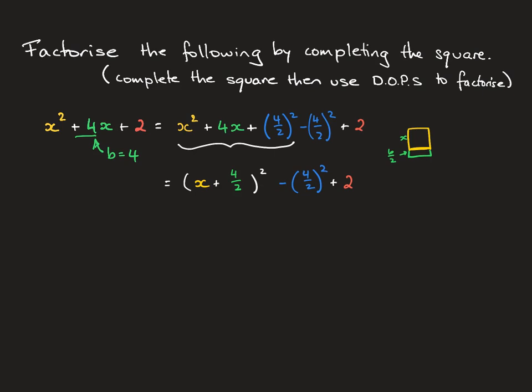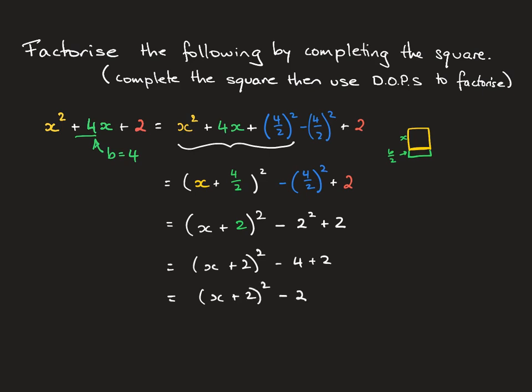So this simplifies down to give us x plus 2 squared minus 4 divided by 2 is 2, minus 2 squared plus 2. And now we're just going to tidy up the little bit on the end. x plus 2 squared minus 4 plus 2. So x plus 2 squared minus 2.